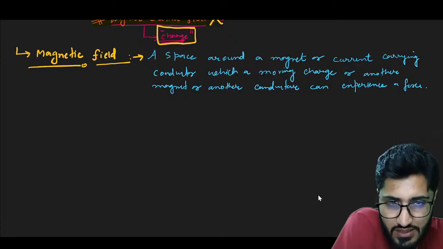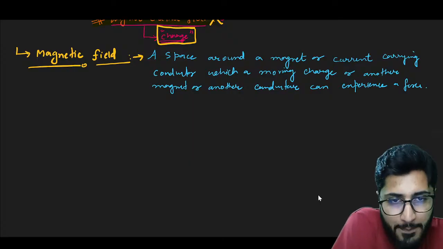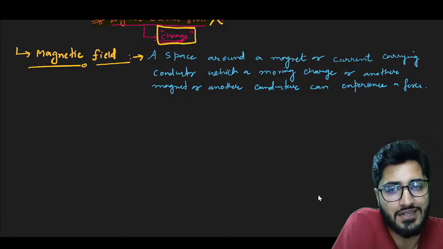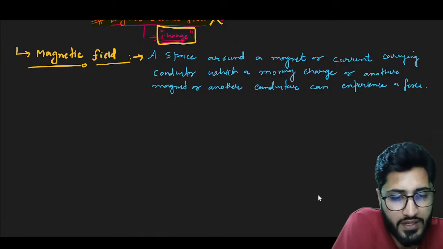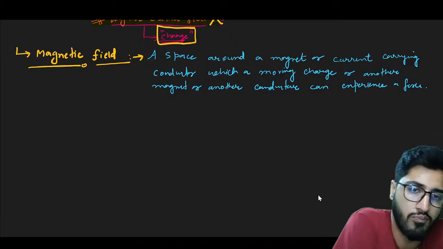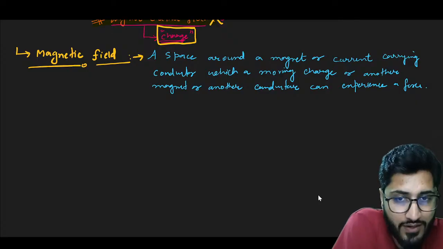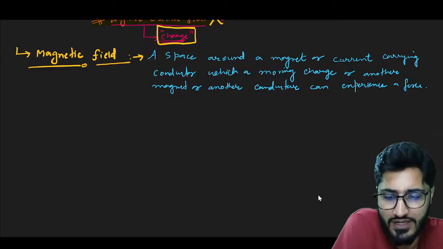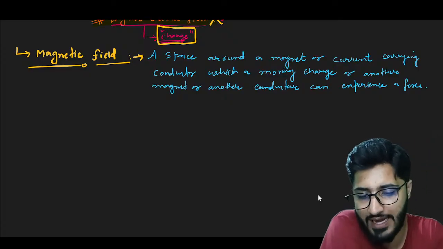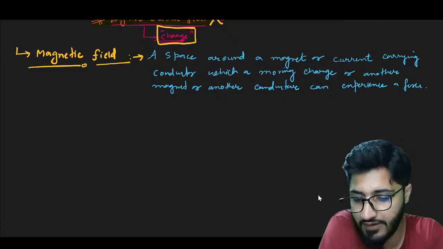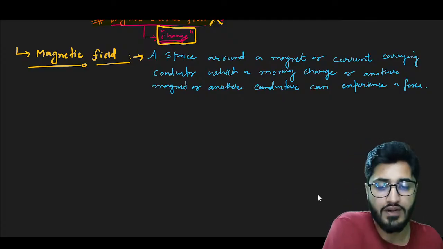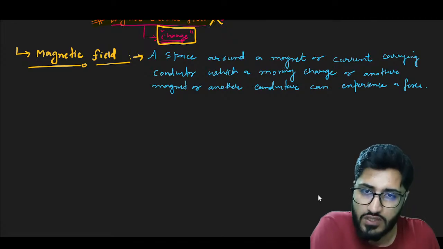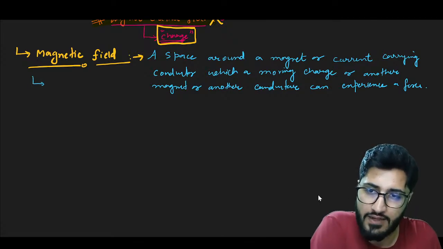So what is magnetic field? It is a region around a magnet or current carrying conductor where a moving charge or another magnet or another current carrying conductor can experience a force. This particular region is known as the magnetic field. We denote the magnetic field by the letter B, a vector.